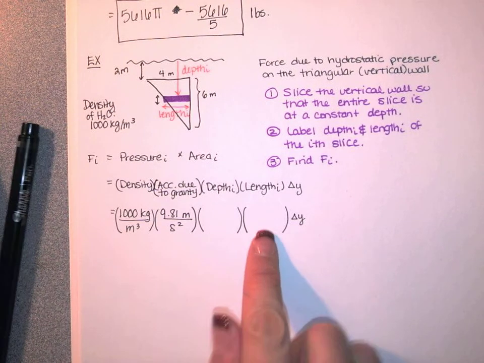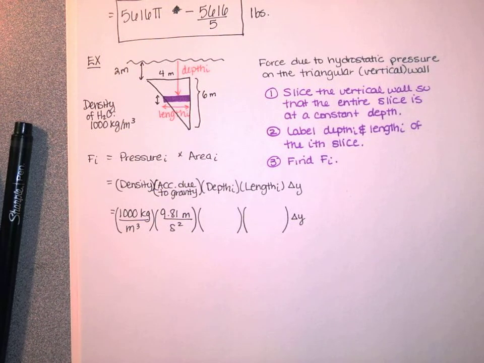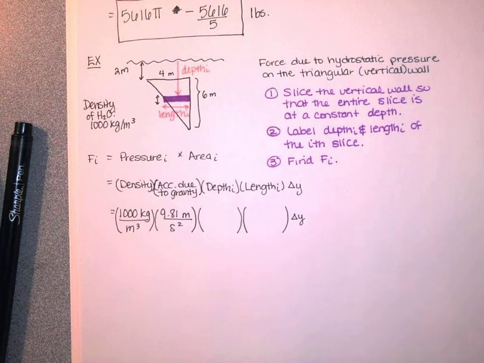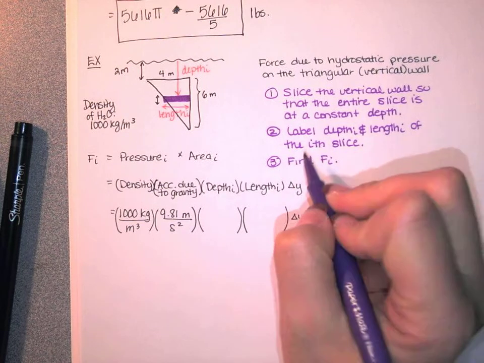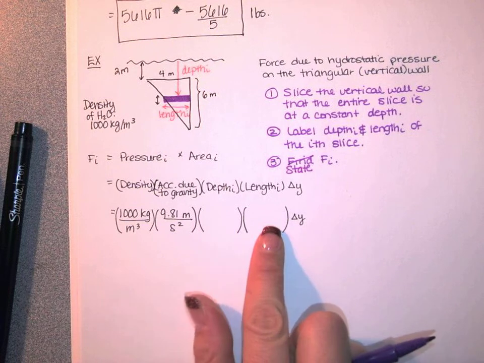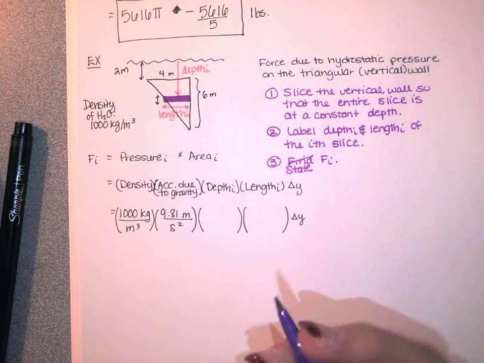Now, depth and length are found relative to our choice of origin. So we need to decide where the origin is. Whatever you decide is fine. You just want to be consistent with that choice. So we've stated the formula for F sub i. And now we need to find the depth and the length relative to some origin.